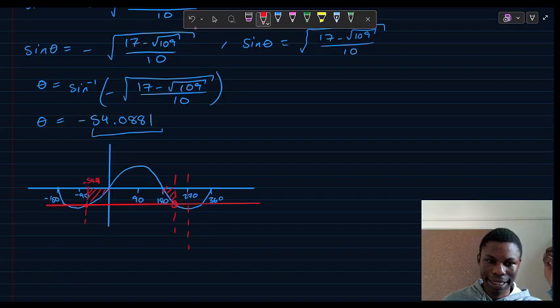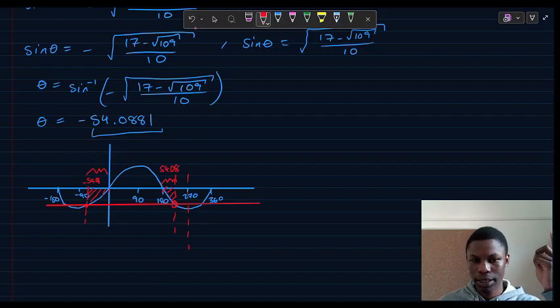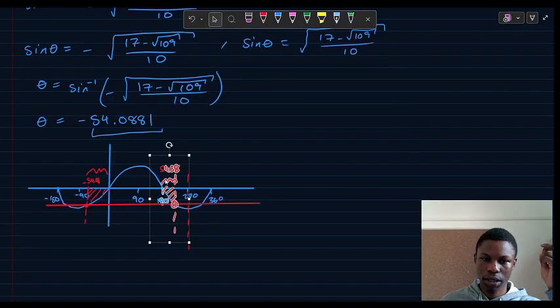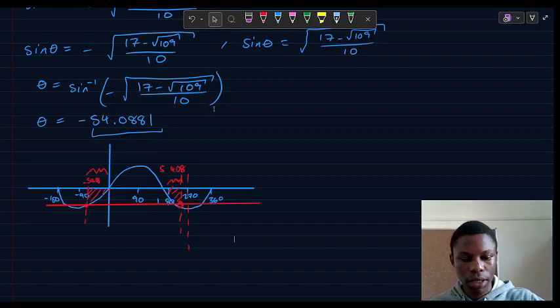So the distance here is 54.08, so the distance here should be 54.08. I hope that makes sense. It's slightly not so symmetrical because this should have maybe shifted across like that, but my diagram is not very accurate.